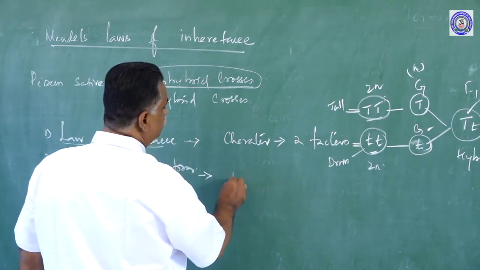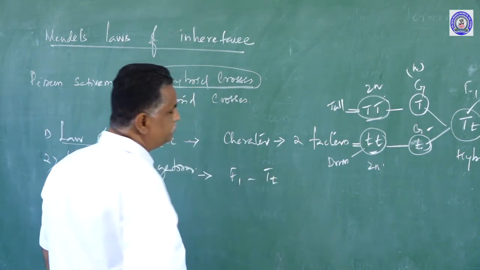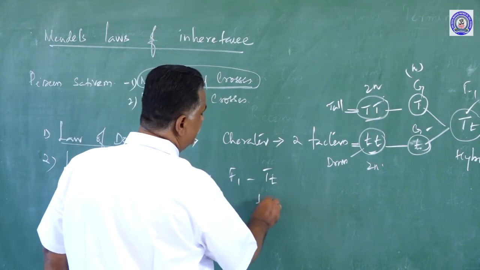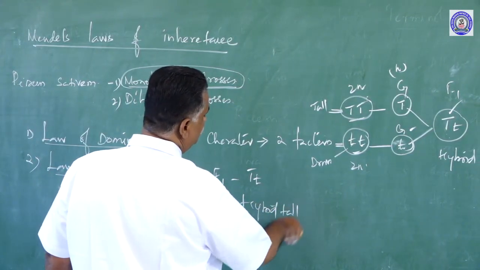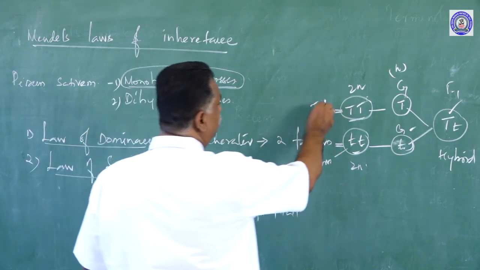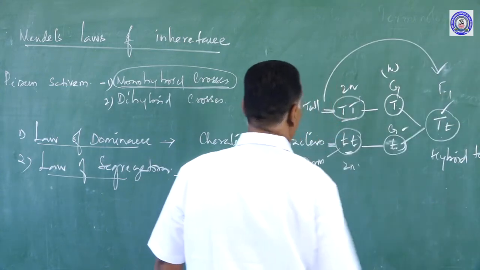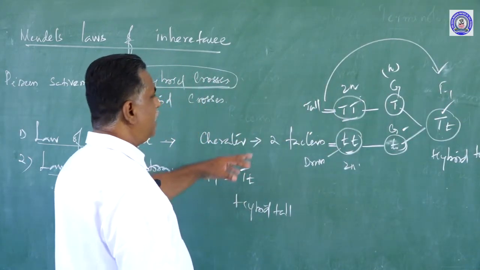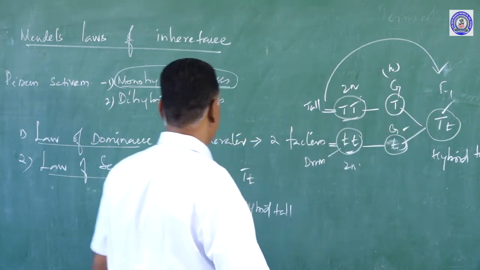You take the F1 individual, in the F1 individual there are capital T and small t, and this is hybrid tall. So, whose character has been expressed? Tall and dwarf. The character of the tall plant has been expressed in F1. The character of the other plant has not been expressed, that is recessive, suppressed.